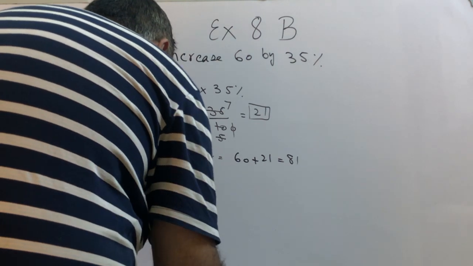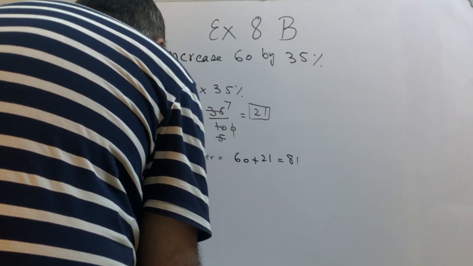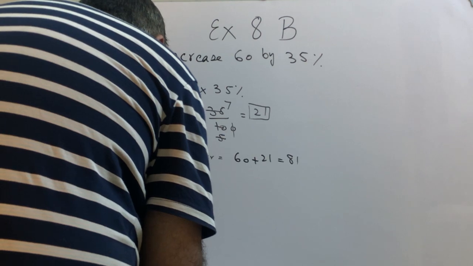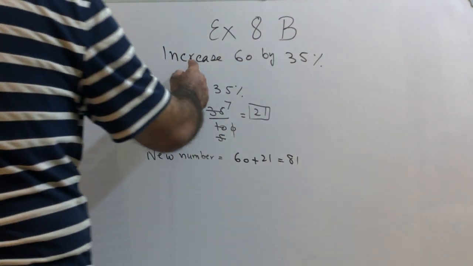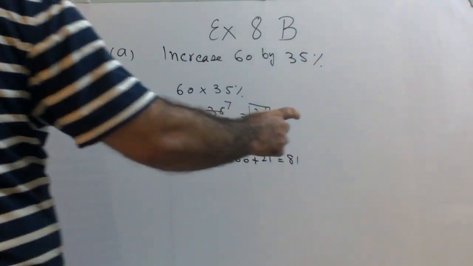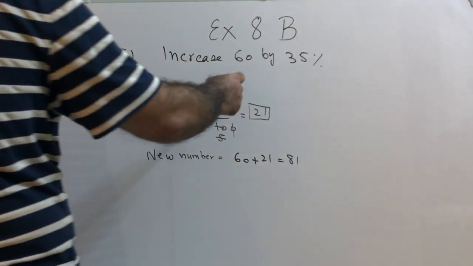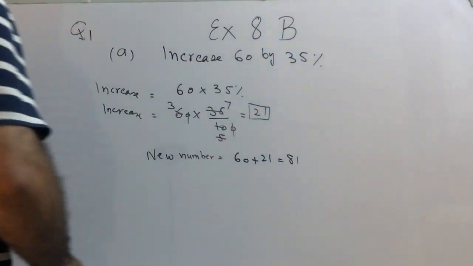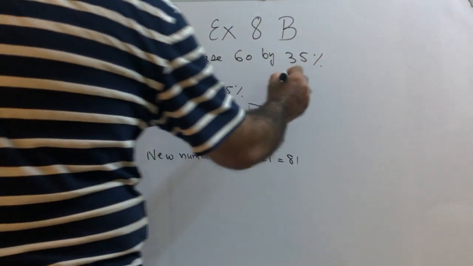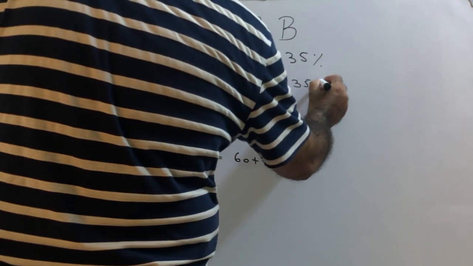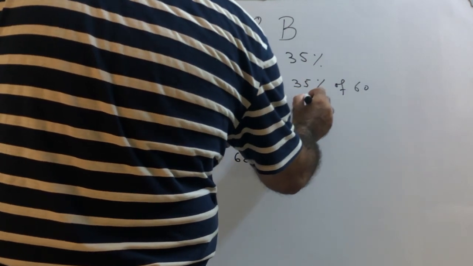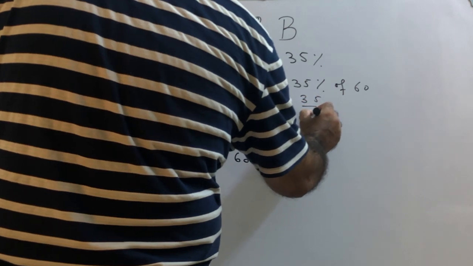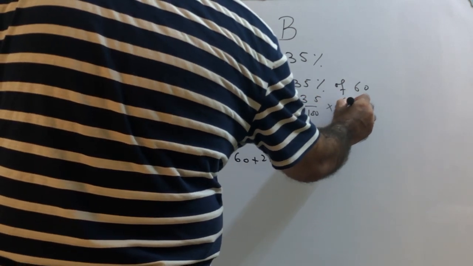This is very simple. I'll recap this. How we did it was: increase 60 by 35%. So first we need to know how much is 35% of 60. 35% means 35 over 100, of means multiply into 60.